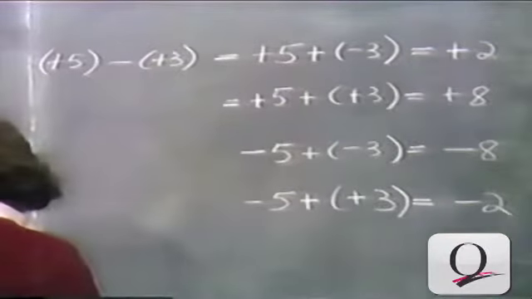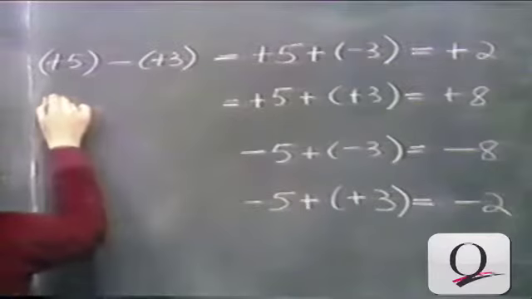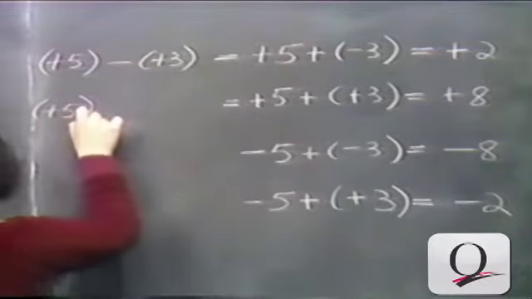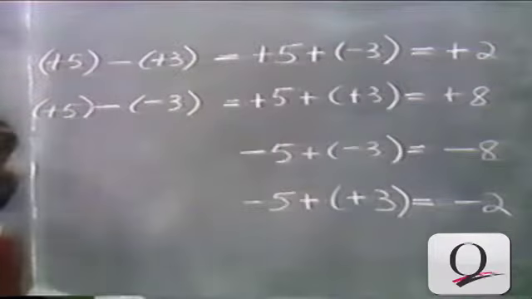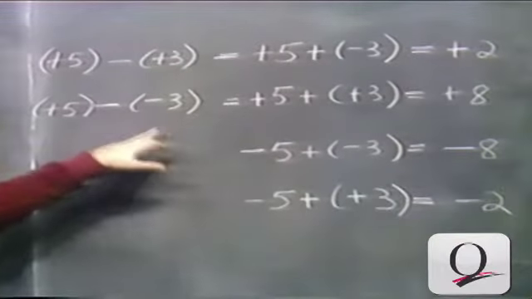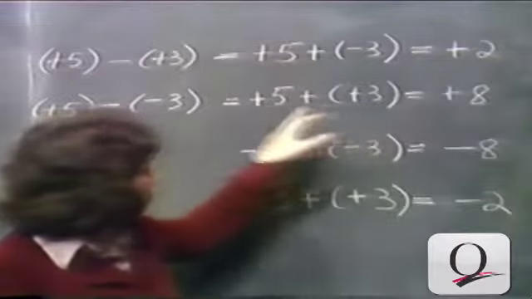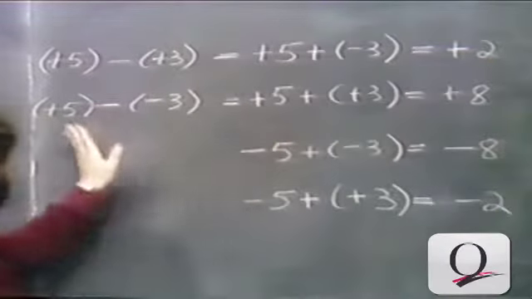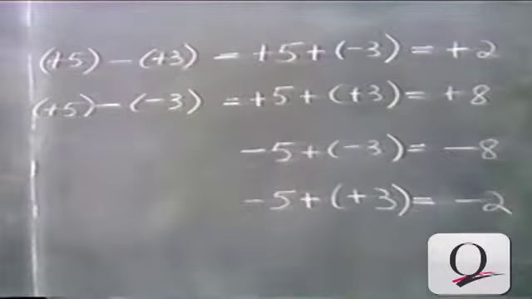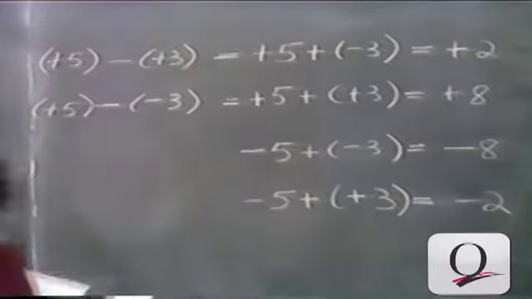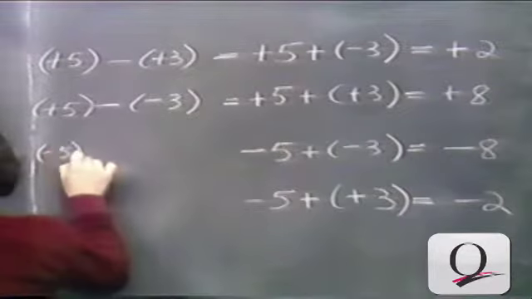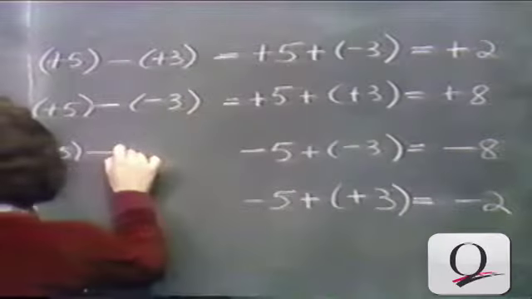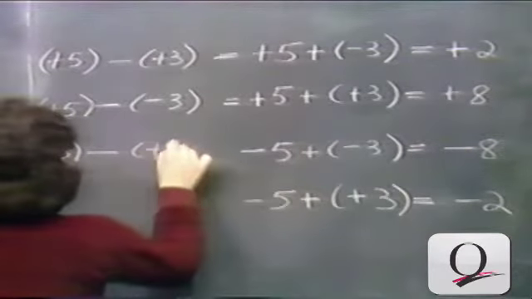The second subtraction problem that we worked out was plus 5, take away a minus 3. This resulted in an answer of plus 8, and since the second addition problem here also had an answer of plus 8, we can put these two things equal to each other. The third problem was minus 5 take away a plus 3.